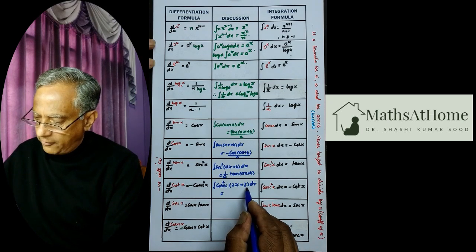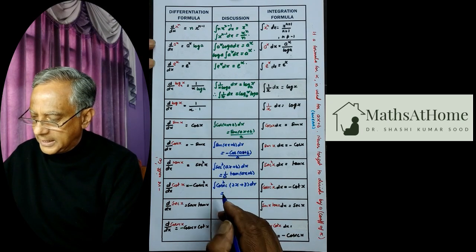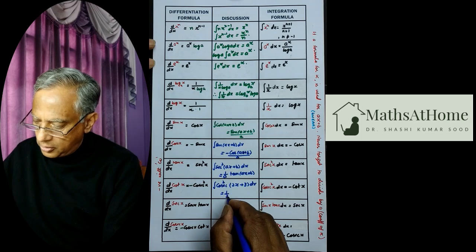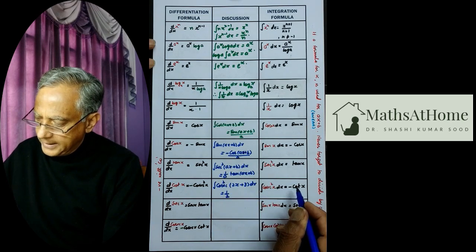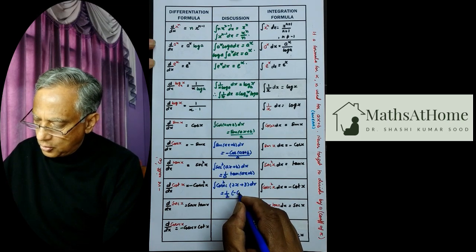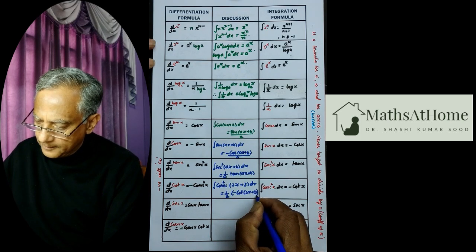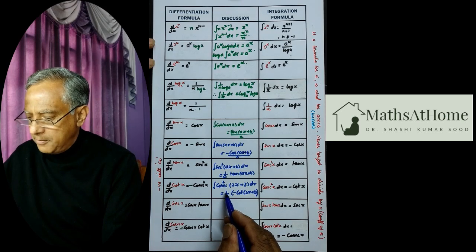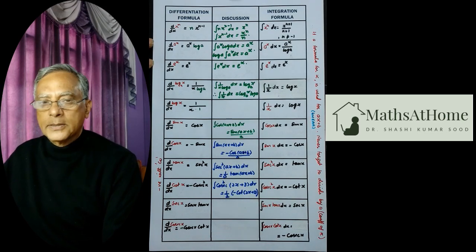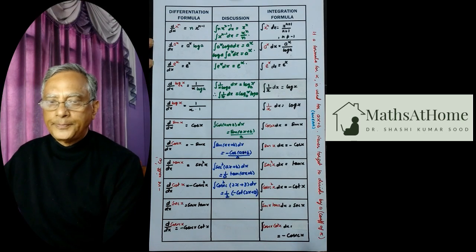So we must divide the result by the coefficient of x, that is 2. So 1 by 2, and integral will be minus cotangent 2x plus 3. So the result will be minus 1 by 2 cotangent of 2x plus 3.